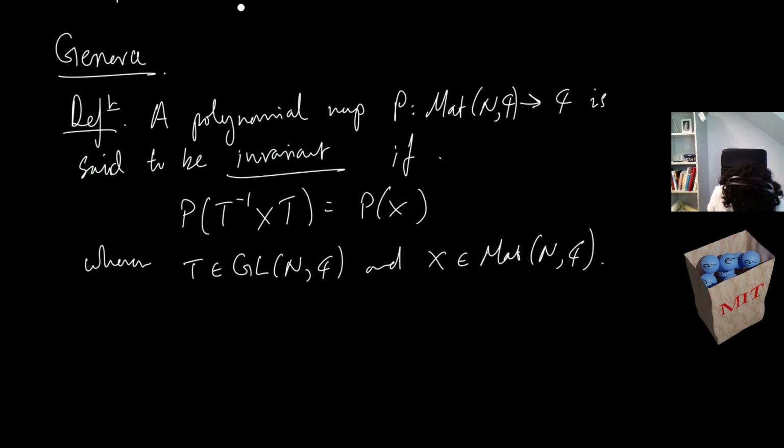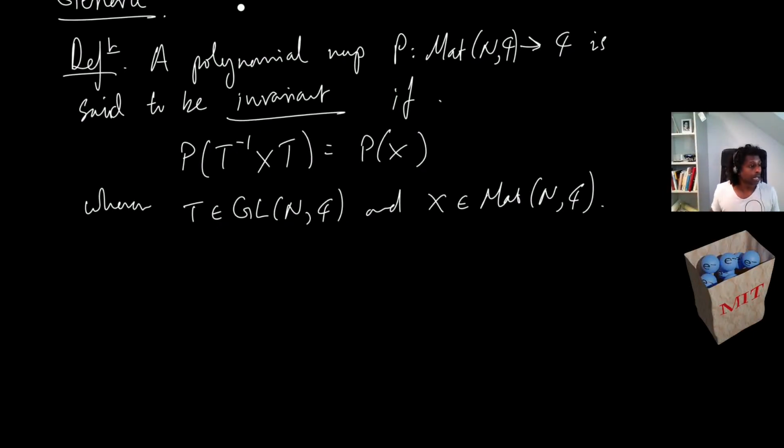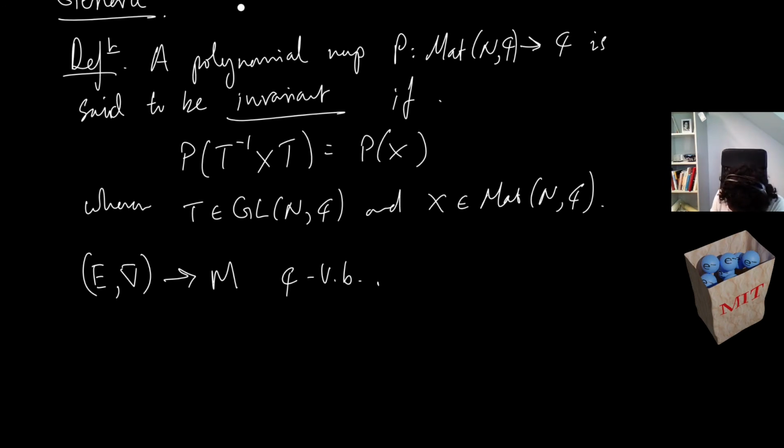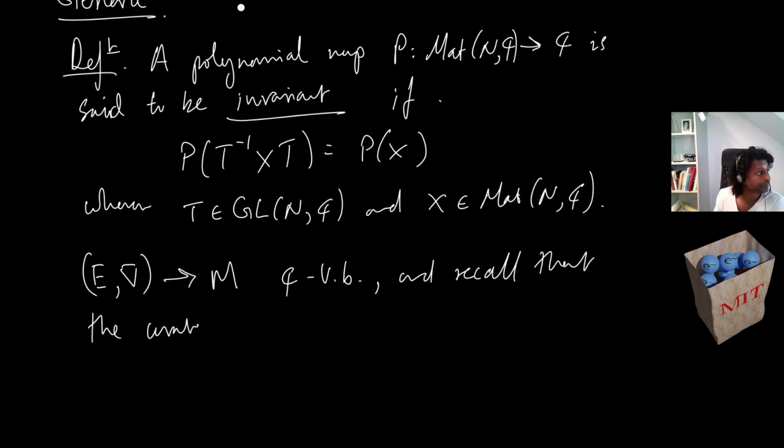So this is the notion of an invariant polynomial, and now let's consider a bundle and a connection over M, right? So we're not going to associate a metric here, so this is a complex vector bundle over M, and recall that the curvature of nabla is the following.